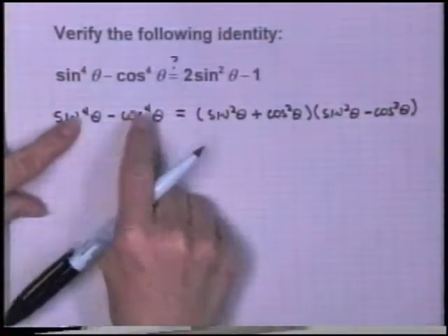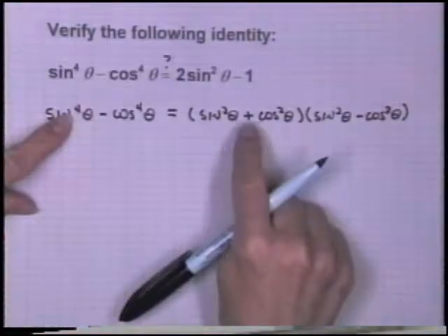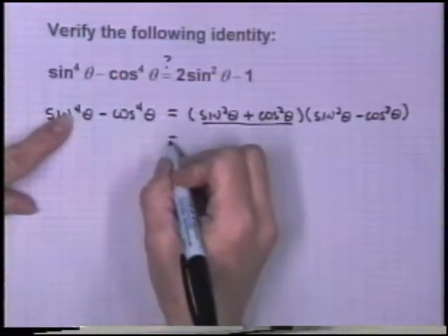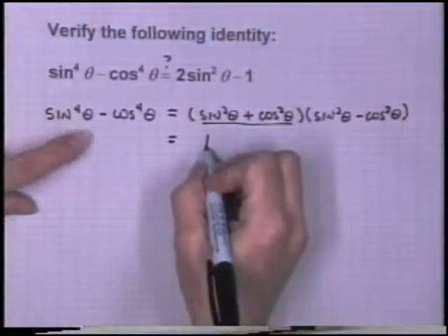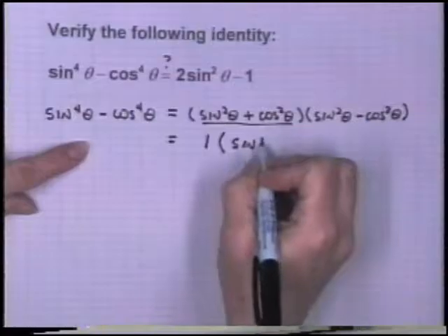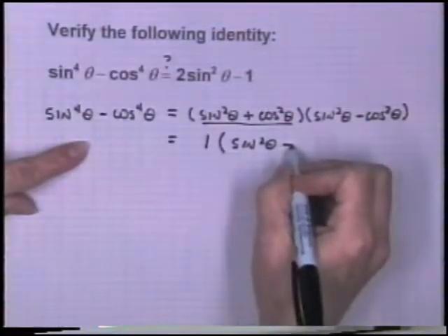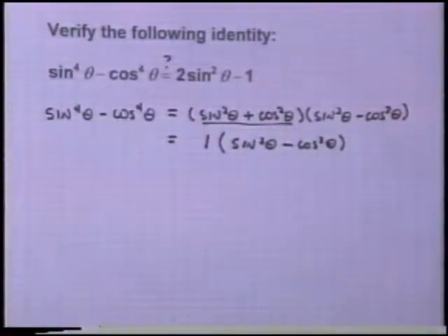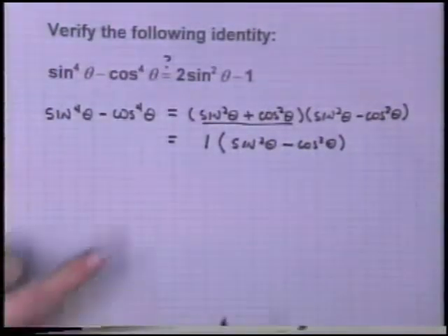Okay, so recognizing that I have a difference of squares, I'm going to factor. Now look at this factor right here. Sine squared theta plus cosine squared theta is 1. And then in this other factor, I have sine squared theta minus cosine squared theta. So I have simplified a little bit.